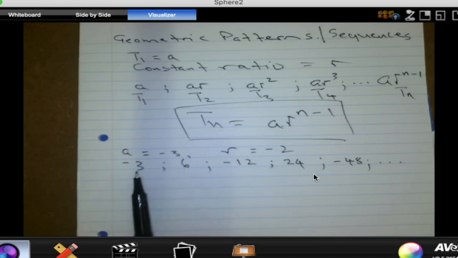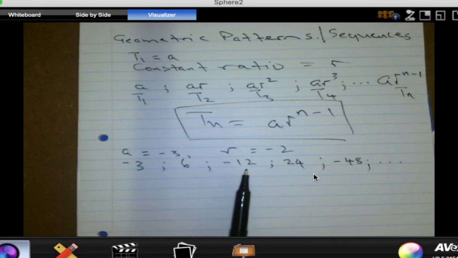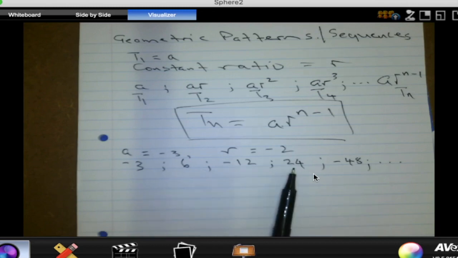Like 6 subtract negative 3 will give you 9. Then negative 12 subtract 6 will give you negative 18. Then 24 subtract negative 12 will give you 36. You might not see a pattern there. And so you might say, okay, let me try ratios.